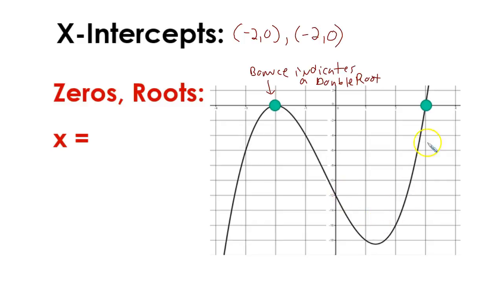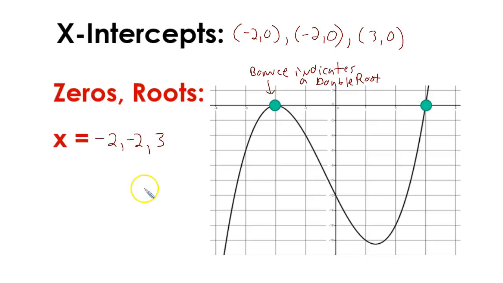If it goes through the x-axis, then it's only a solution 1 time. So (-2, 0) is the same solution twice, the same x-intercept twice, and the one on the right is just (3, 0), just 1 time, because it only goes through it. Bounces indicate a double root. So when I'm listing out my roots, this is going to be -2, -2, and 3.